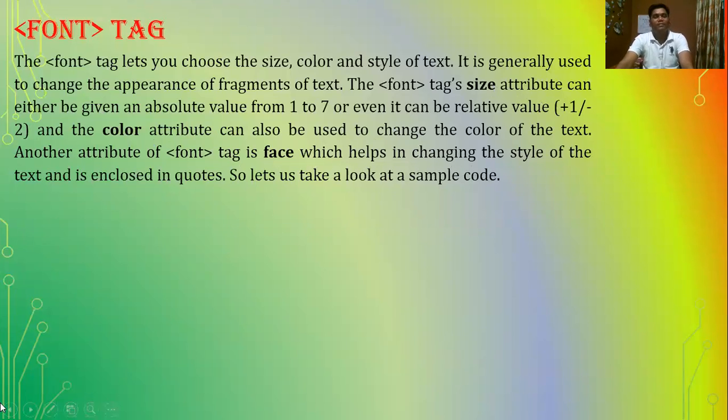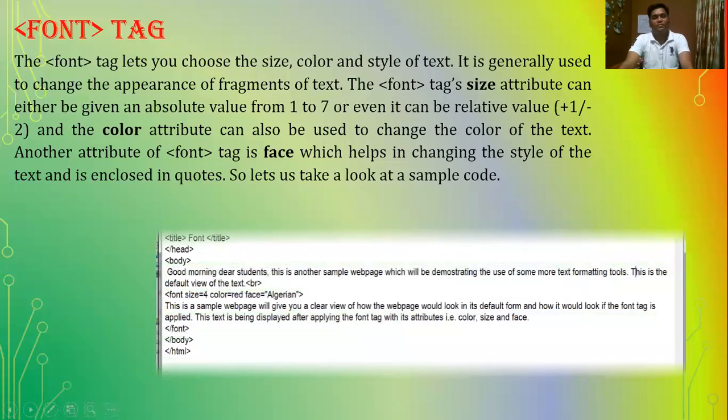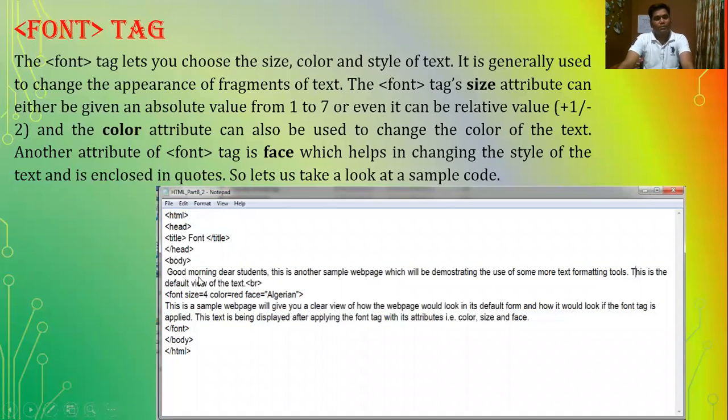So let us take a sample code. Just see. Good morning, student. This is BR. Font size equal to 4, color equal to red, and face Algerian. Algerian is a kind of font style. Whatever you have used over here will be applied to these lines. Okay, this is a sample web page. Then again, you have to close font.